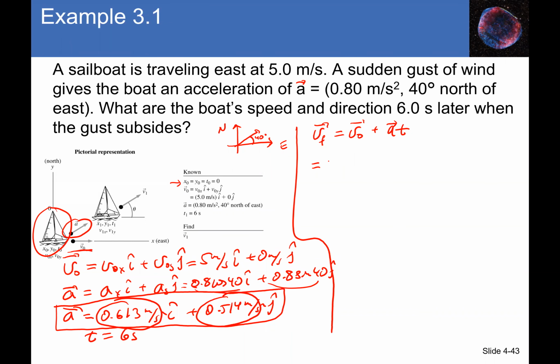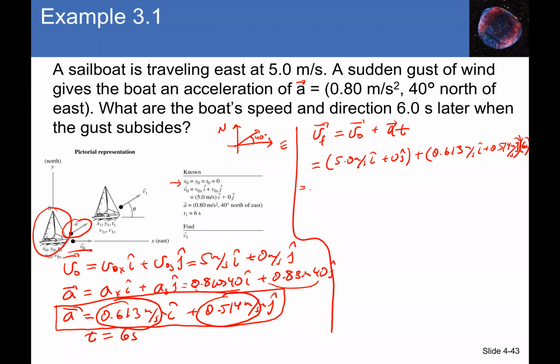V initial was 5.0 meters per second i hat plus 0 j hat, then plus acceleration of 0.613 meters per second squared i hat, plus 0.514 meters per second squared j hat, then times 6 seconds for the time.